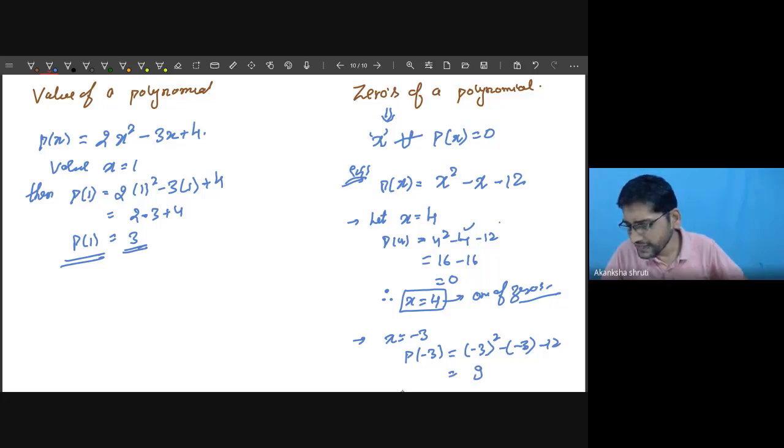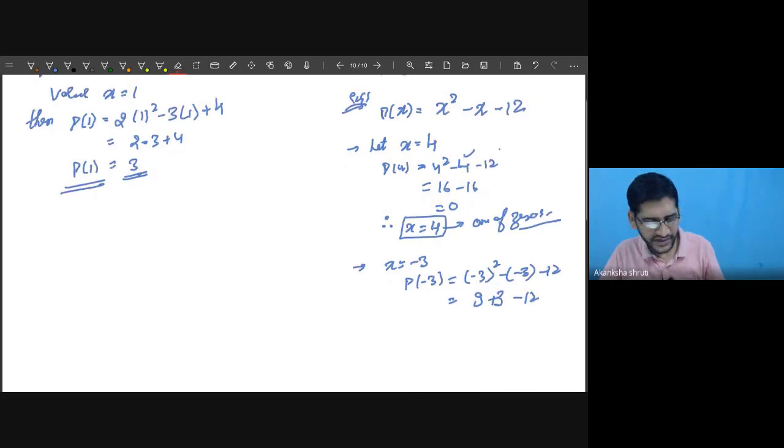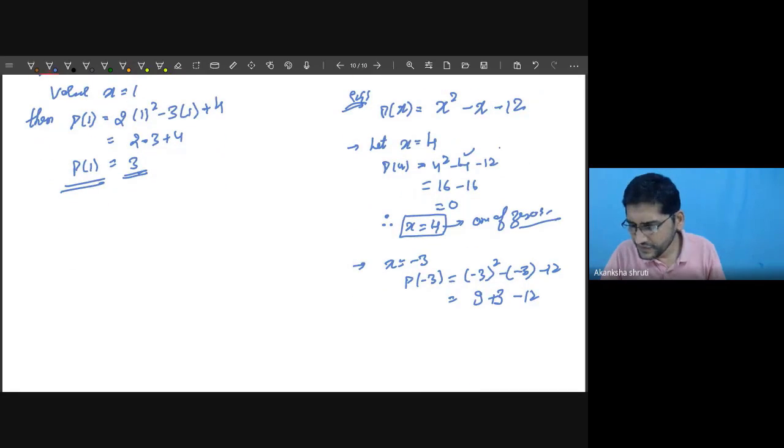So it is 9 minus minus, plus 3, then minus 12. So here this is going to give us 12 minus 12. This value is our 0. So x equals minus 3 is also a 0.